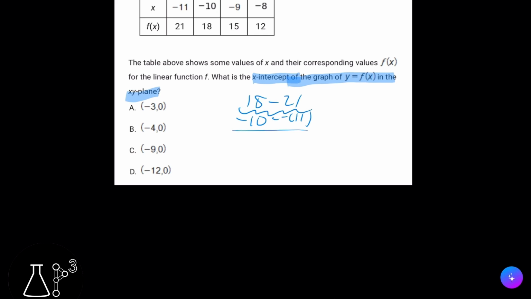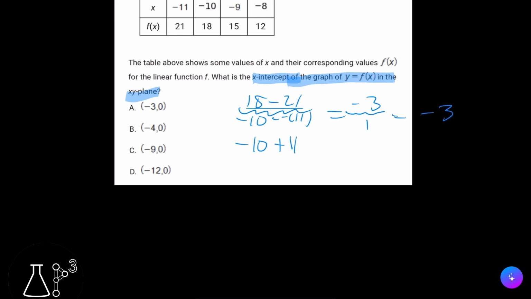That equals negative 3 divided by positive 1, because the negative in front of negative 11 multiplies with the negative of the subtraction, which equals positive. So in reality, I have negative 10 plus 11, so the slope equals negative 3.